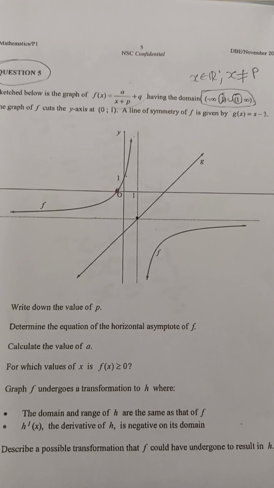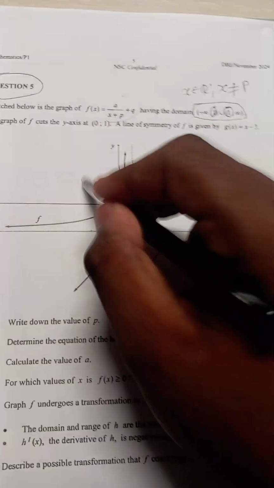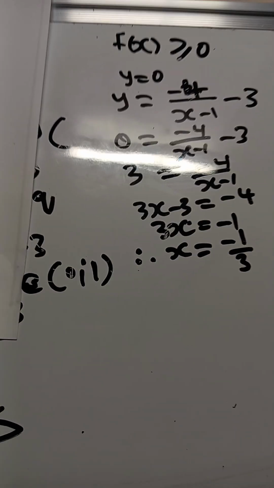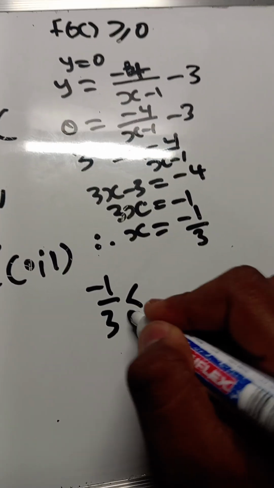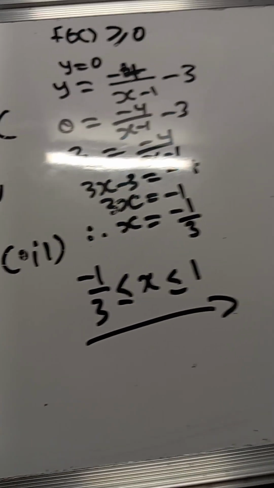Can you see what I'm talking about? I'm just checking the regions whereby the graph is above 0. I hope you now see what's going on. So since the 2 points I have are negative 1 over 3 and 1, this is the final answer.